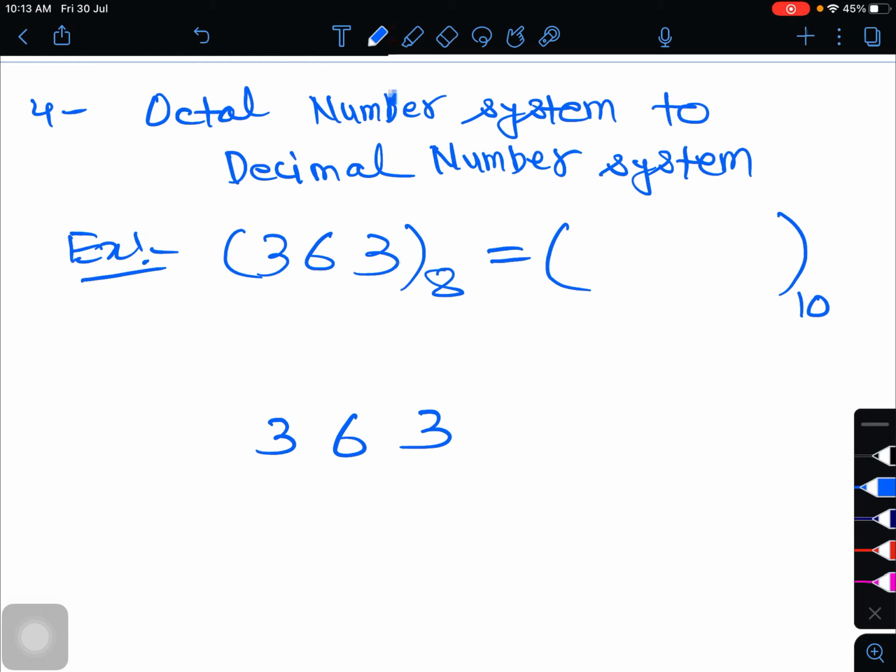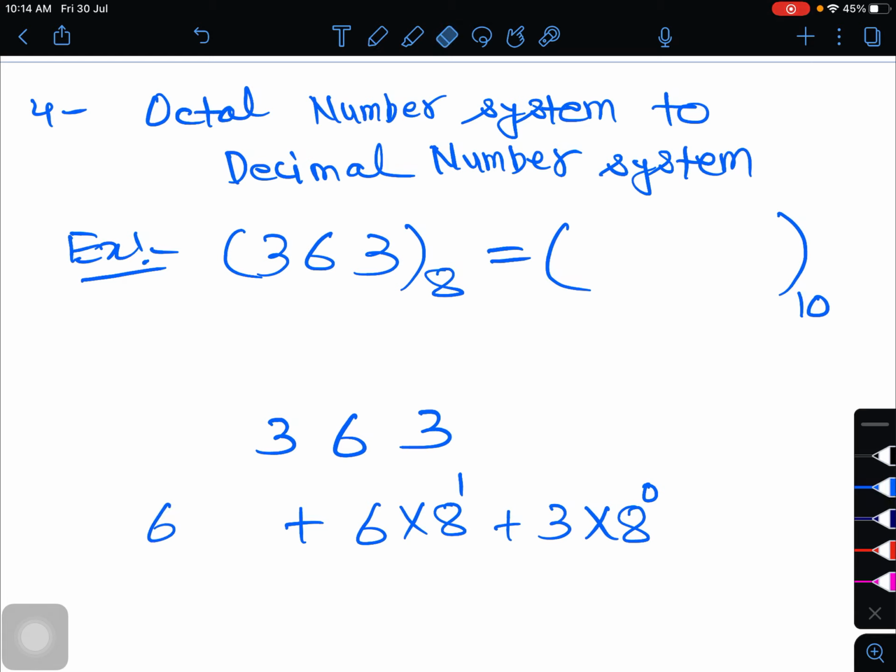So what we do: 3 into 8 to the power 0 plus 6 into 8 to the power 1 plus 3 into 8 to the power 2.